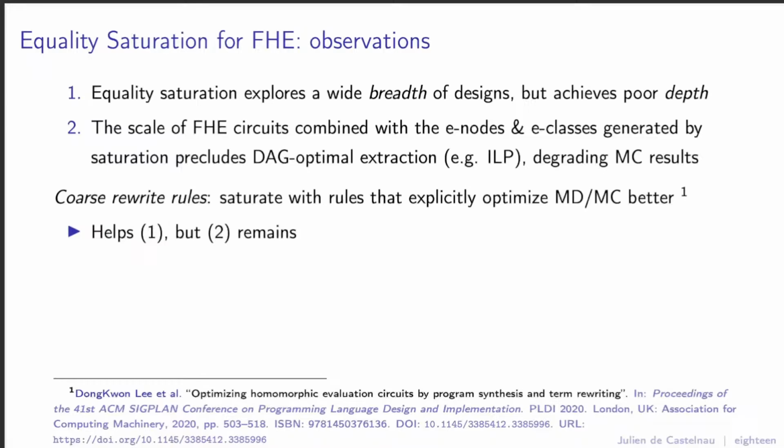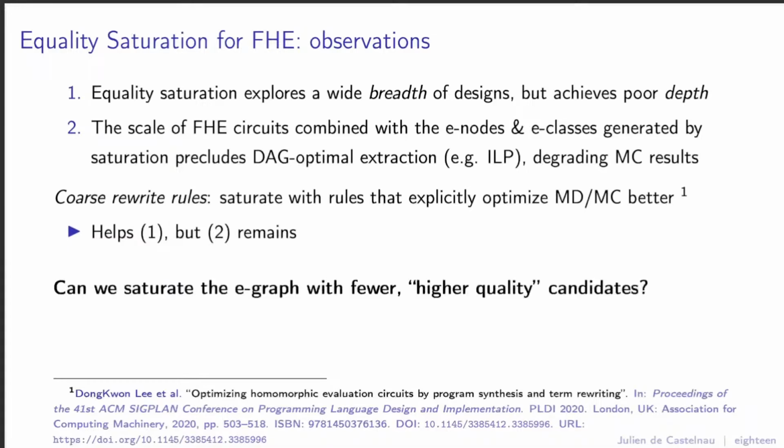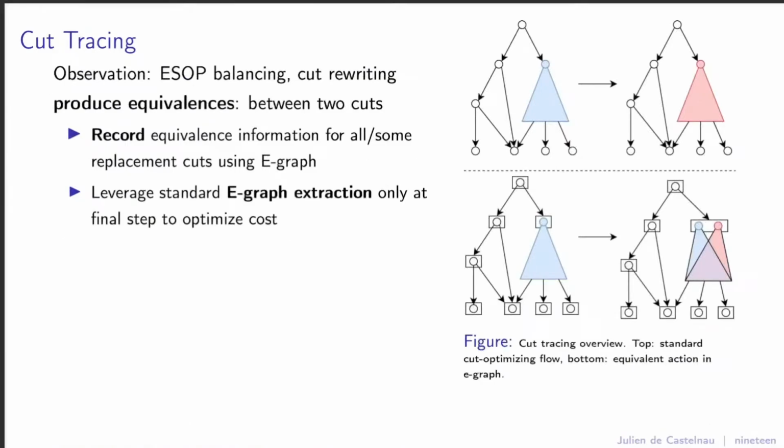That strategy helps the first point, but we still have the problem that there are too many nodes in the EGRAPH, just based on the fact that equality saturation more or less applies rules blindly. So based on these observations, we ask the question: can we saturate the EGRAPH with fewer, in some sense, higher quality candidates? That brings us to cut tracing.